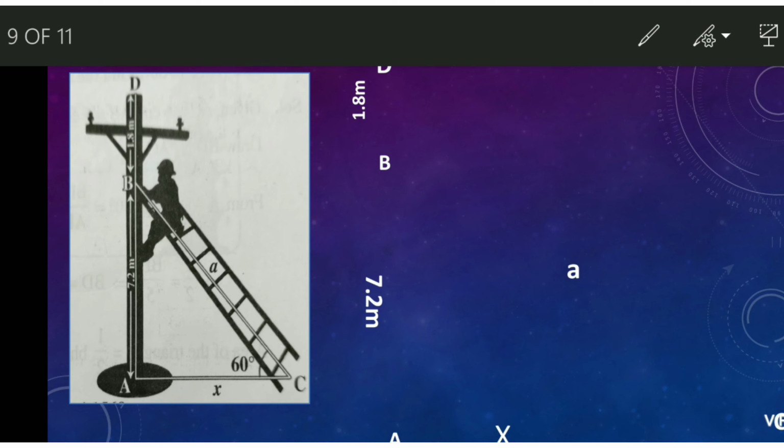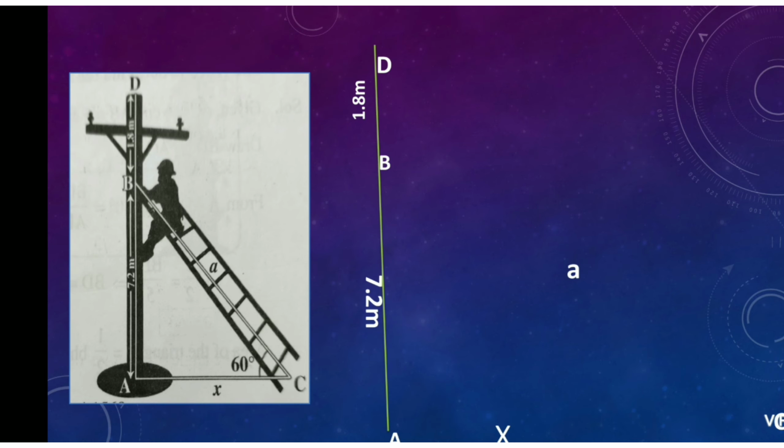Okay, now see this figure. First I draw the perpendicular line, then the base, and then this slant line which makes an angle of 60 degrees with the base. Now here AB gives us 7.2 meters and BD gives us 1.8 meters.